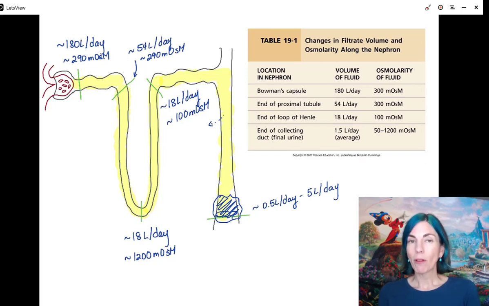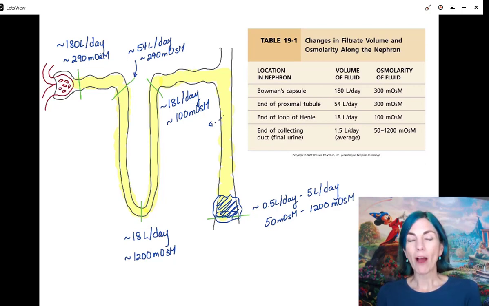Likewise, the osmolarity can also vary. And you've experienced this with dilute versus concentrated urine. Dilute urine has a very low osmolarity, maybe only 50 milliosmoles. Concentrated urine might approach 1200 milliosmoles.